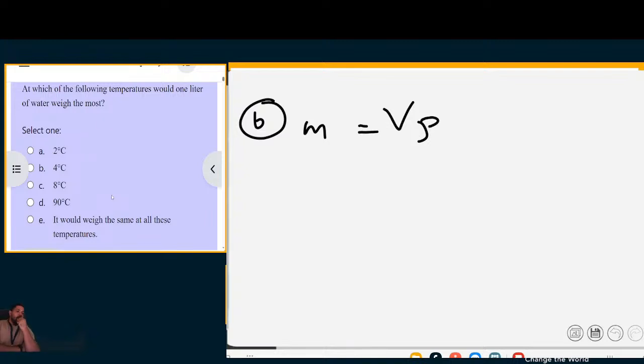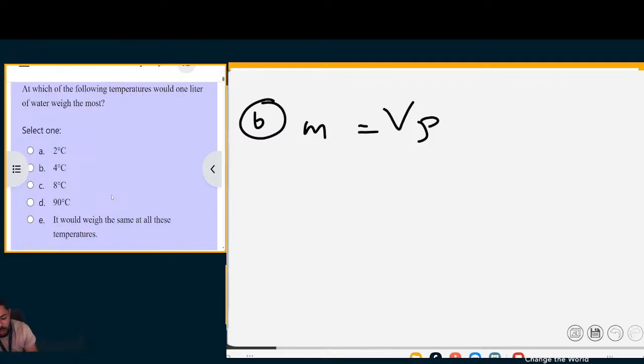So at what temperature is the density of water the highest?